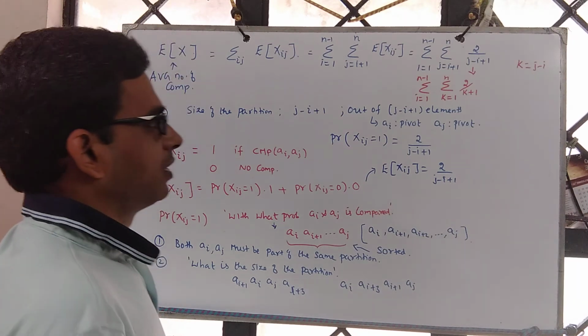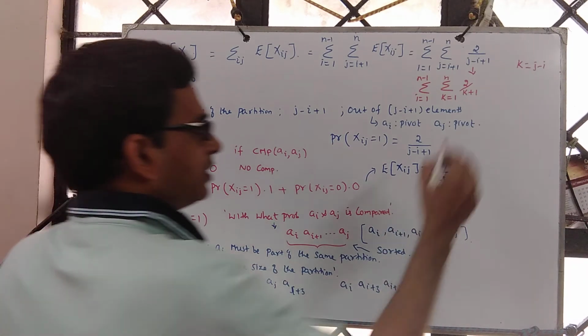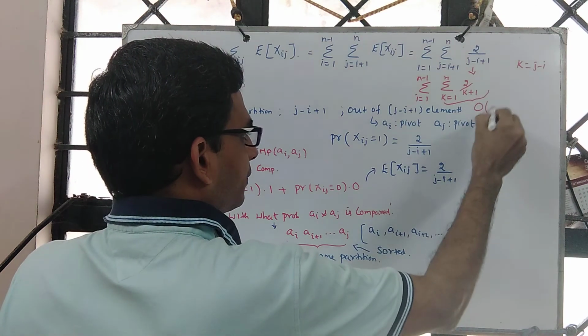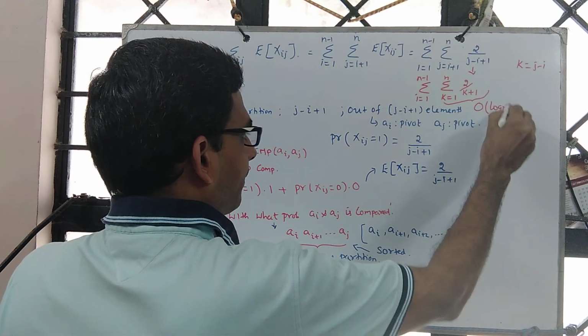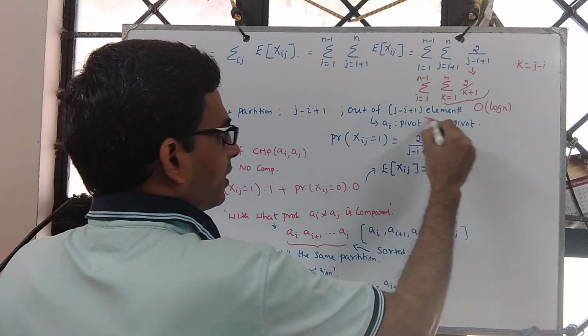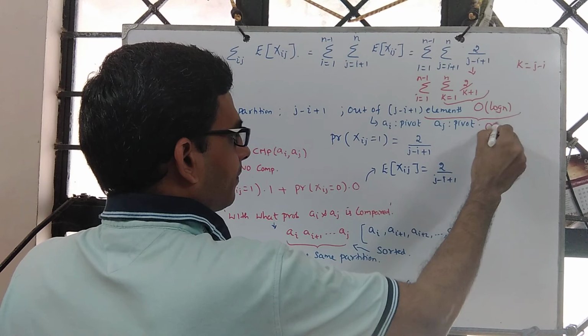Correct? Now this one is a harmonic series, right? So this will give you order log n, and with this we will get order n log n.